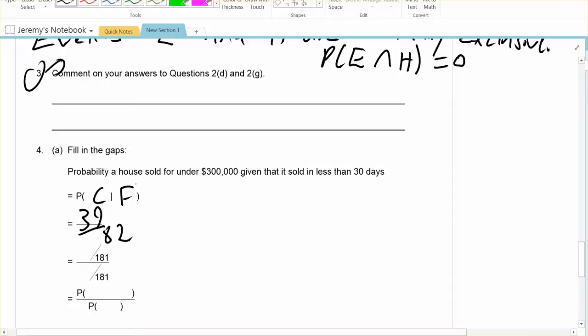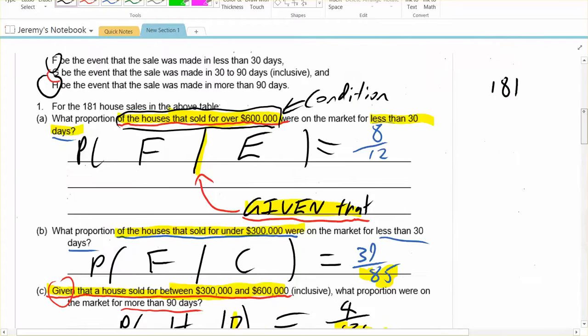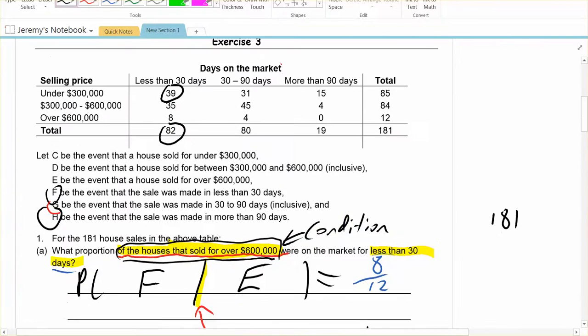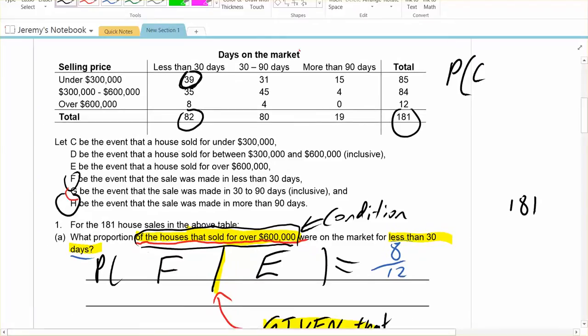Okay, now what they're pointing out is, if we look back at the table again, moving towards a formula, this 39, if it was out of all of the 181 houses, 39 out of 181 would be the probability of a house selling for under 300,000, so C, and in less than 30 days.